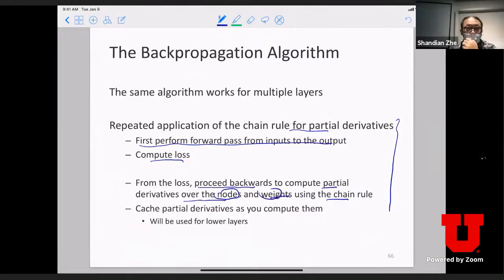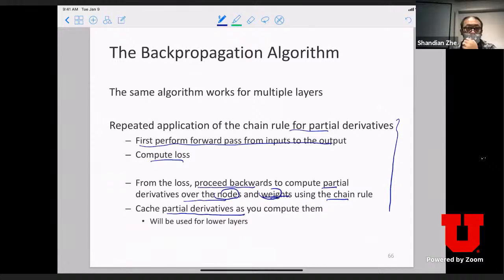That means we don't necessarily need to backtrack to the output neuron. We just leverage the results of the nodes in the layer above. Then we use the chain rule to compute the partial derivatives with respect to weights. Then we cache those partial derivatives and proceed one layer down. You do this again and again until we reach the input layer.